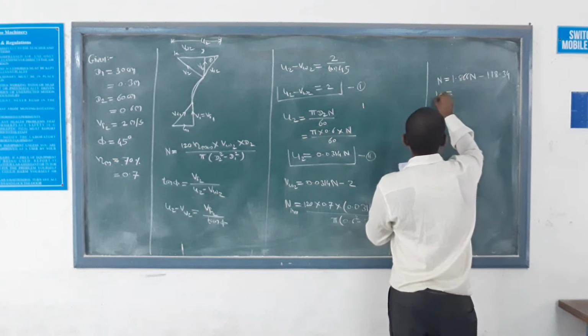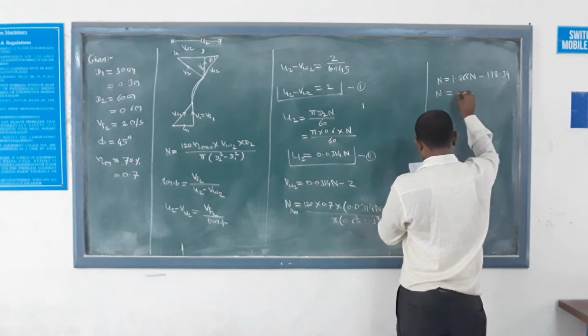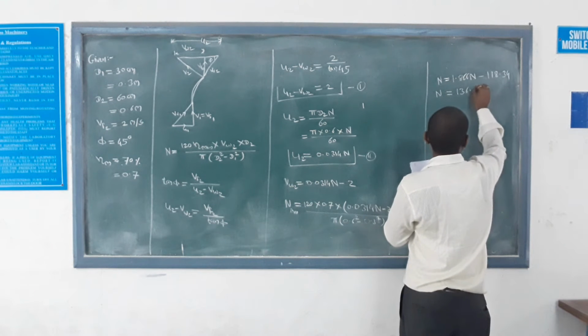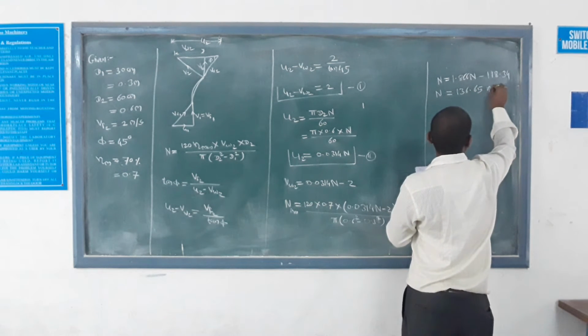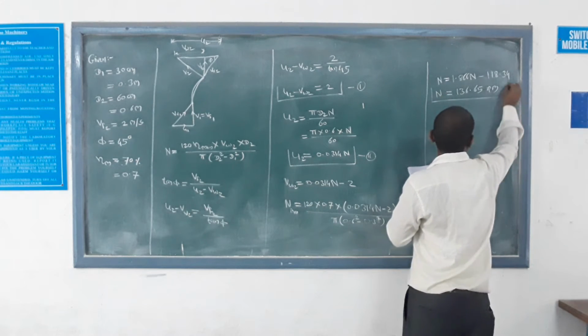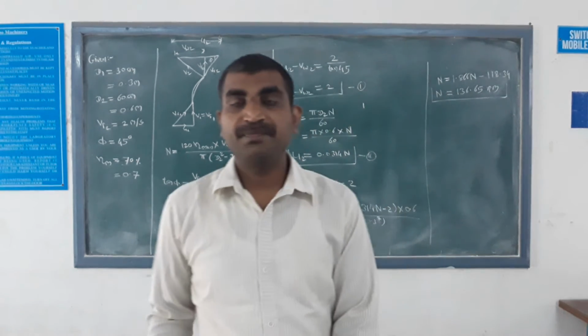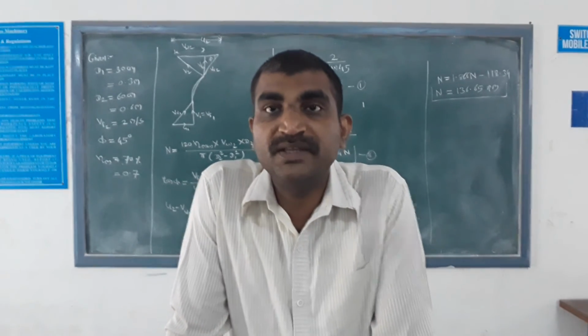So N equals 136.65 rpm. Finally we are getting the minimum starting speed of the centrifugal pump.